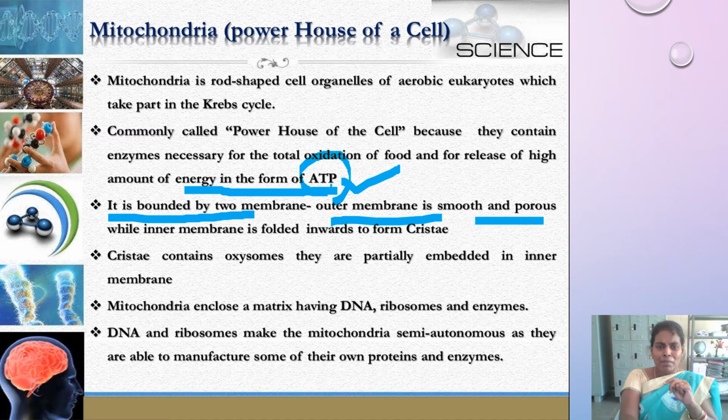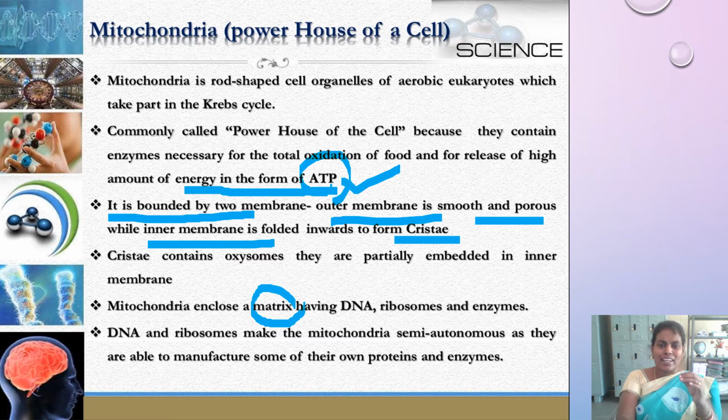The inner membrane is folded, which forms cristae. Inside the mitochondria, the space enclosed by the two membranes is called the matrix.